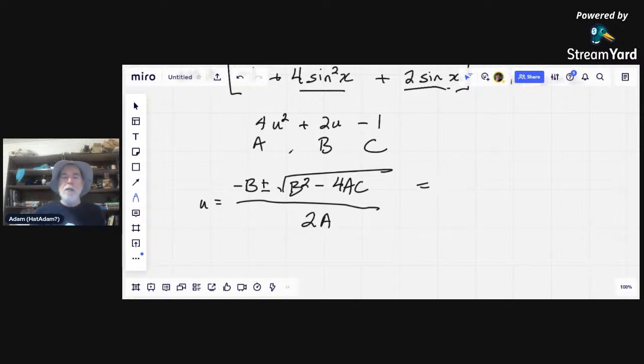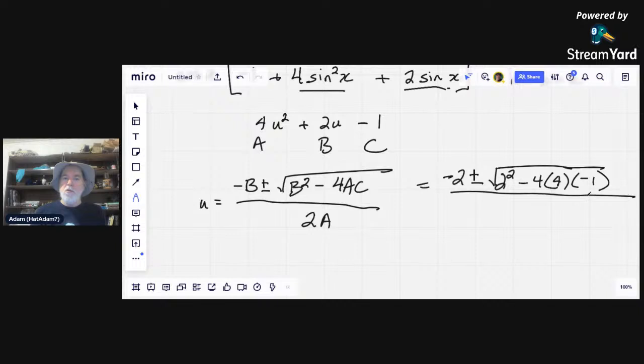So that we end up with -2 plus or minus the square root of 2 squared minus 4 times a is 4 and c is -1, and that's all over 2 times 4.